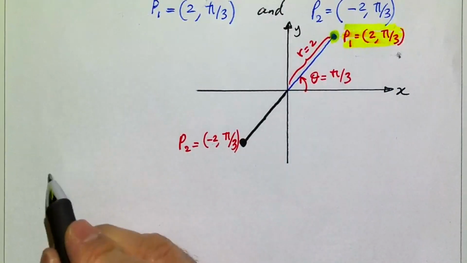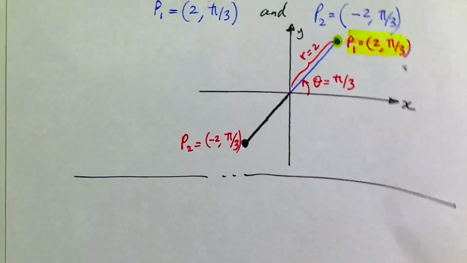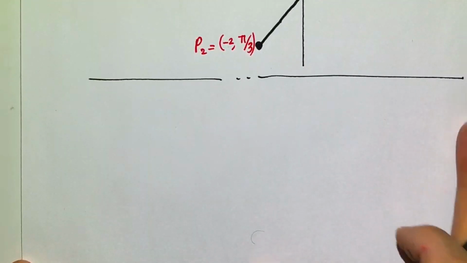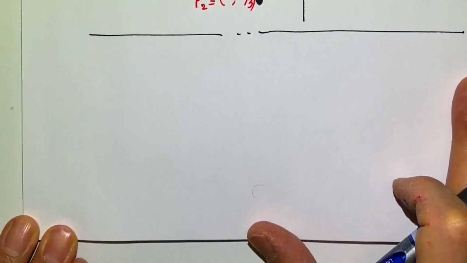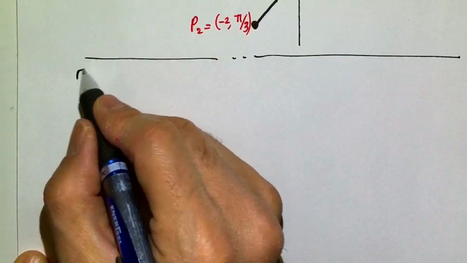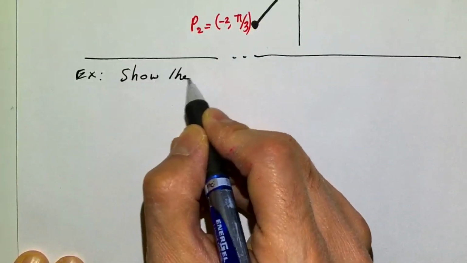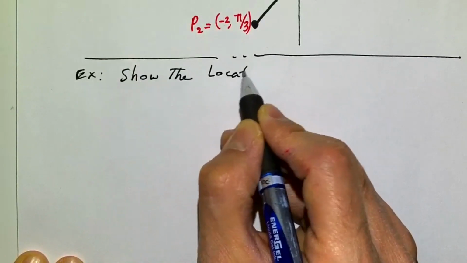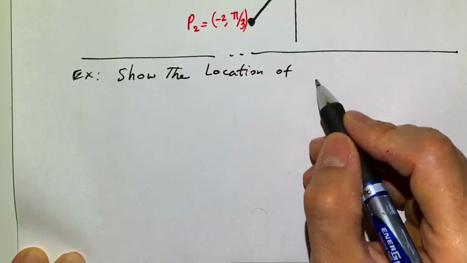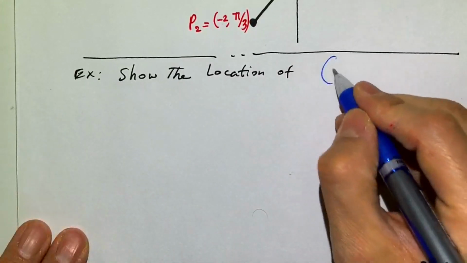So let's do another example. Suppose we want to show the location of this one, so negative 5.